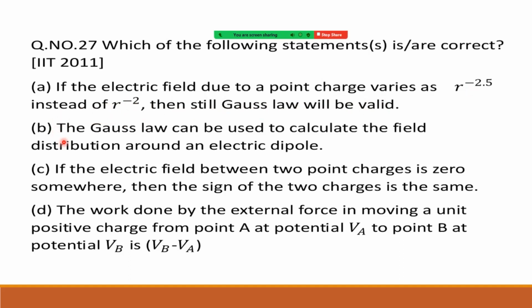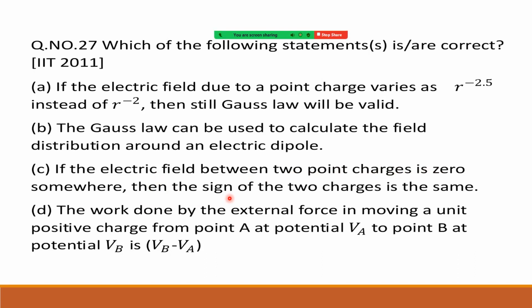Option B: Gauss law can be used to calculate the field distribution around an electric dipole. Option C: if the electric field between 2 point charges is 0 somewhere, then the sign of the two charges is the same. Option C we can say directly, right? If the field between 2 point charges is 0 somewhere, then definitely they must have the same sign.